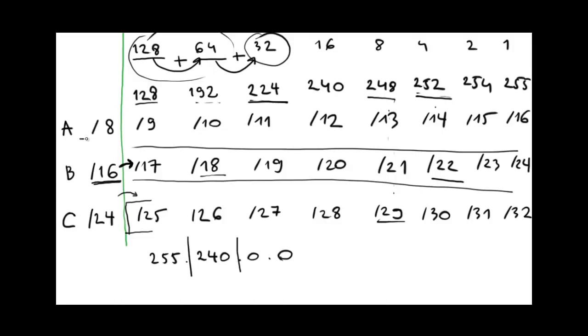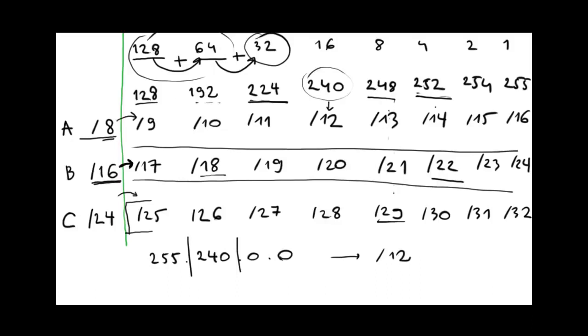Class A, its first octet, it jumps to the second octet, so we know we need to read the values from this line. So for 240, our value in this line is 12. So /12. And we know that 12 is between 8 and 16, so it must be the second octet.